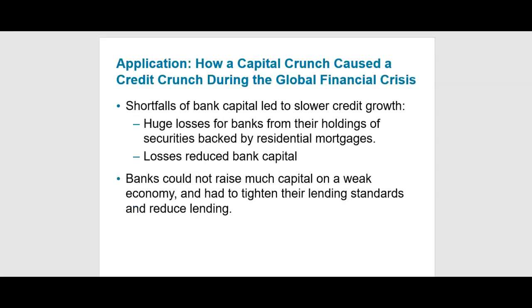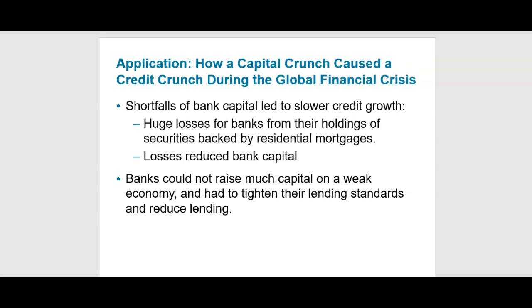One of the things that you may want to discuss in your presentation, since a few of you have selected the financial crisis, is that when there is a credit crunch, the shortfall of bank capital led to slower credit growth.